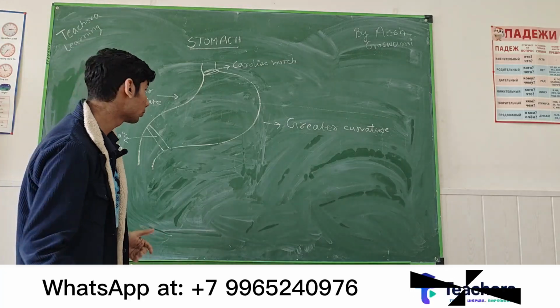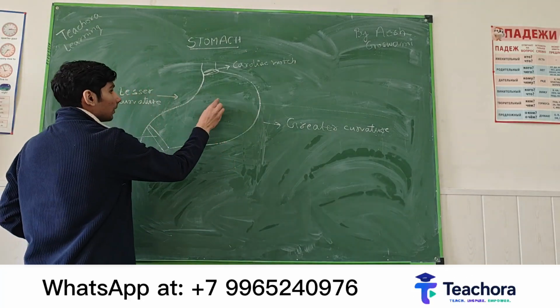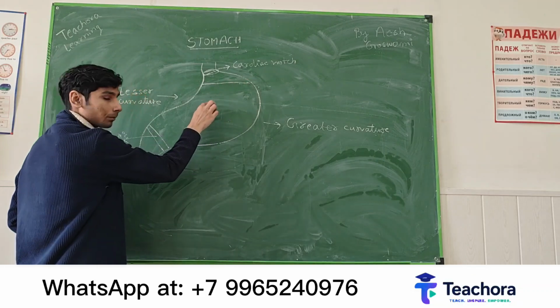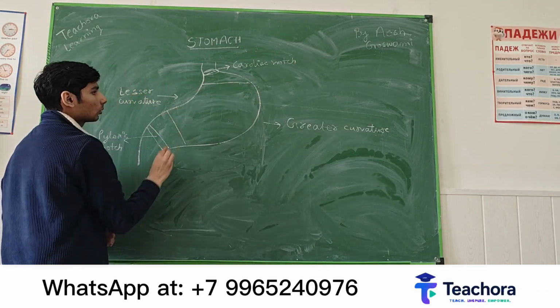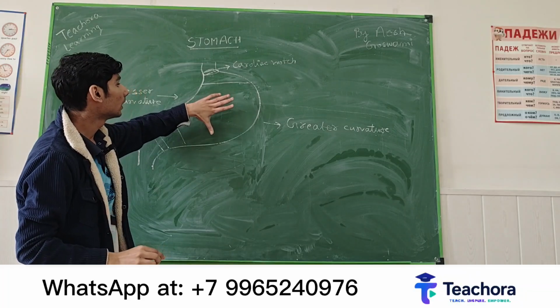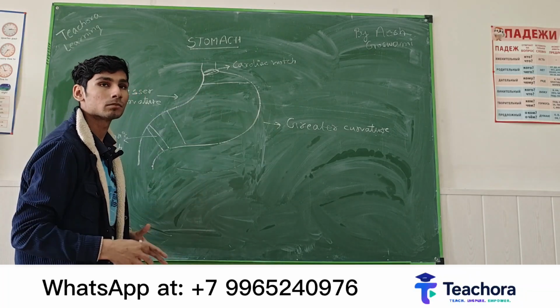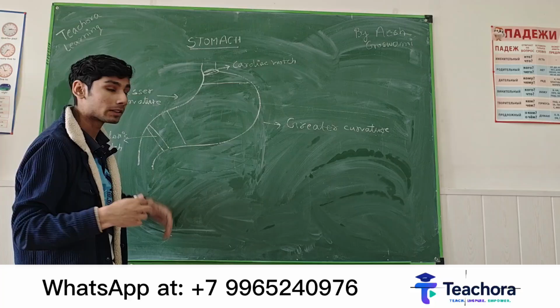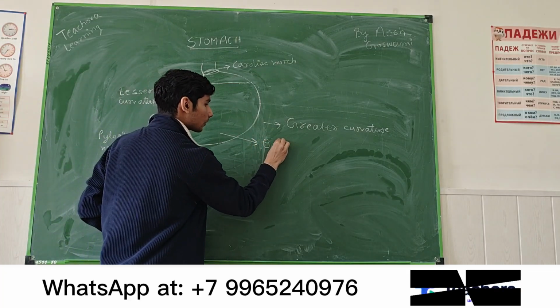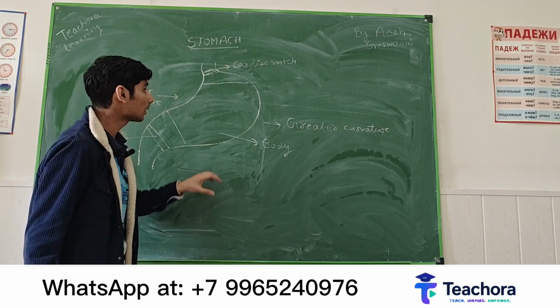What else should you know about this? If I make a division here, you can see this is a big part where the majority of food will settle and be consumed by the body, and stomach enzymes will react with it. So this is called the body of the stomach.